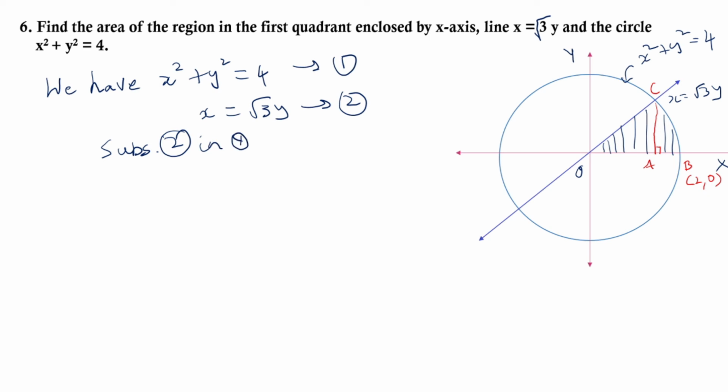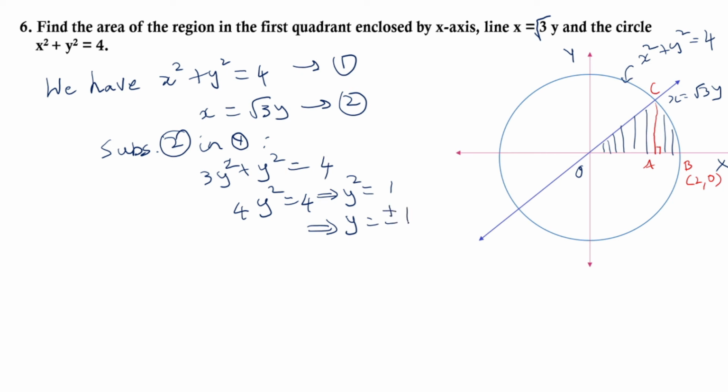In 1 we get 3y square plus y square is equal to 4, that is 4y square is equal to 4 or y square is equal to 1, which means y is equal to plus or minus 1. So when y is 1, x is root 3, and when y is minus 1, x is minus root 3.